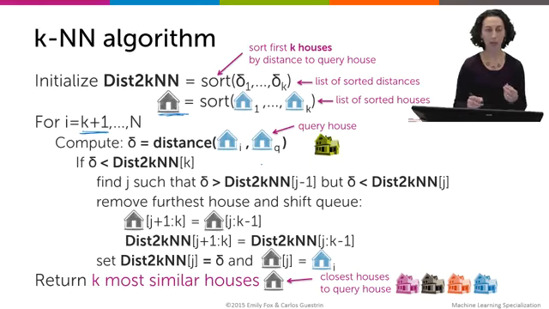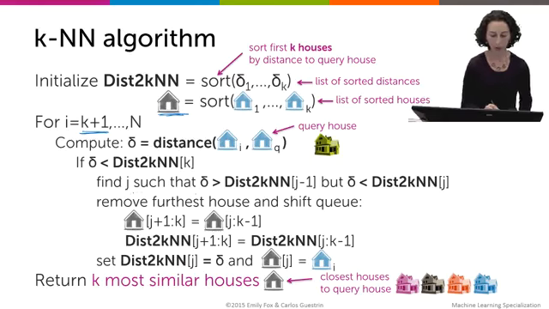And if that distance is less than the distance to my kth nearest neighbor, the house that's furthest away, then what I'm going to do is go through my sorted list. Because remember, just because this new house is closer than the kth nearest neighbor, that doesn't mean that this new house becomes my kth nearest neighbor, because it could be closer than my second nearest neighbor or fourth.